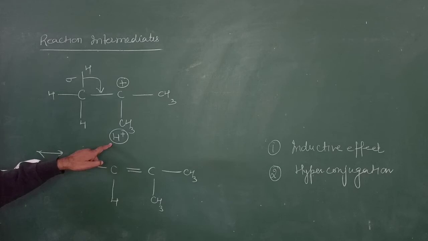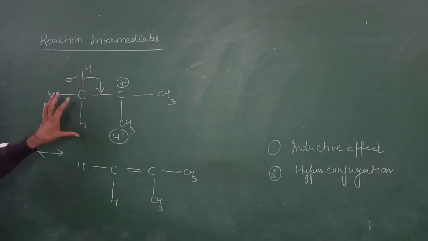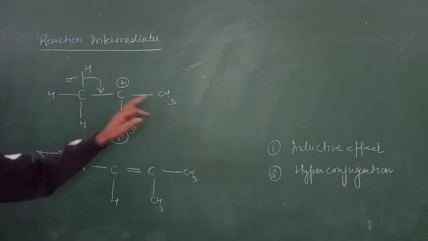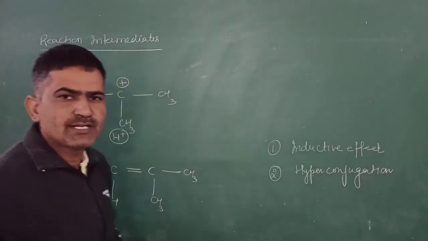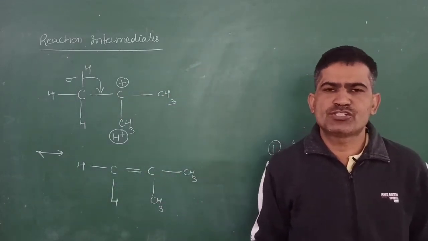This is hyperconjugation. Next, the electron will be transferred from this carbon to this position. How many structures are possible from one alkyl group? 3. How many alkyl groups are there? 1, 2, 3. It means 9 hyperconjugative structures are possible here, and this is the most stable one.